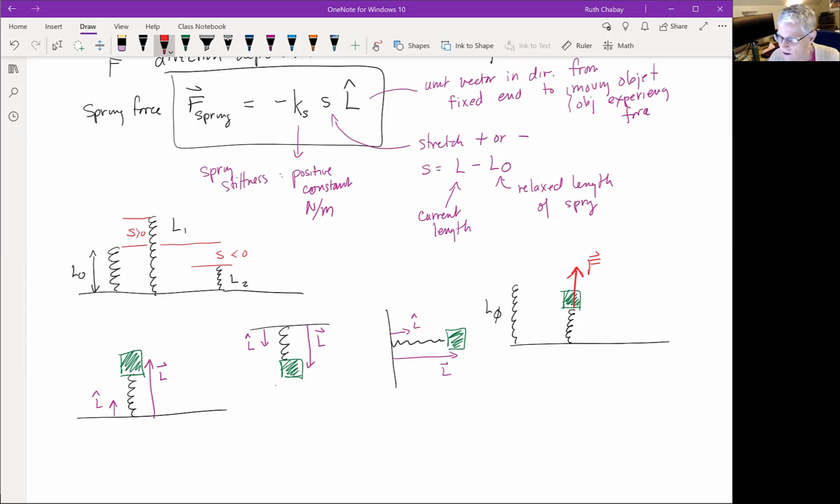So let's see what this equation tells us.